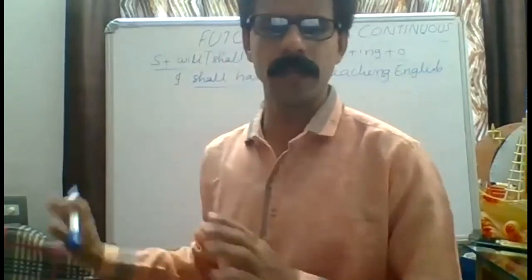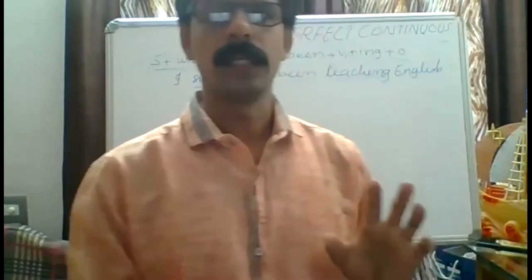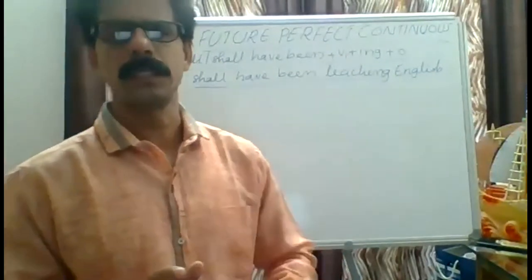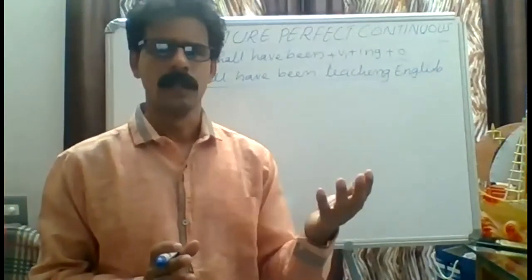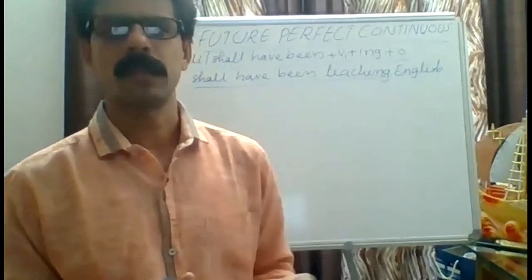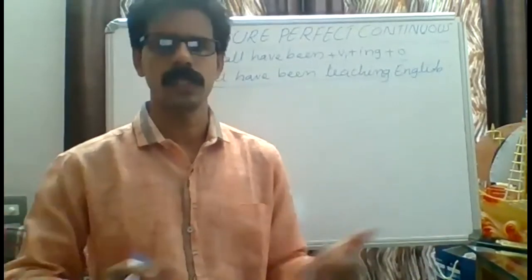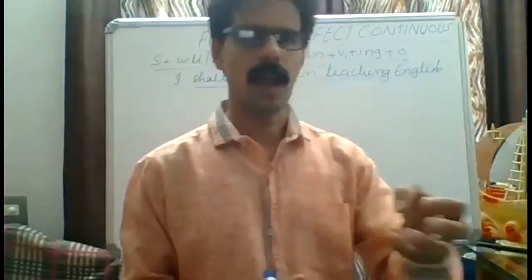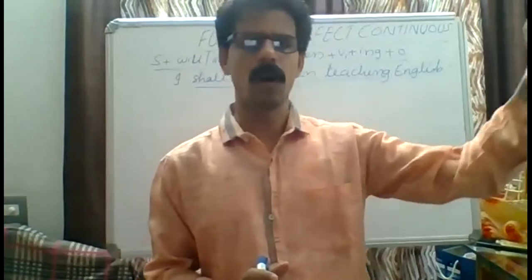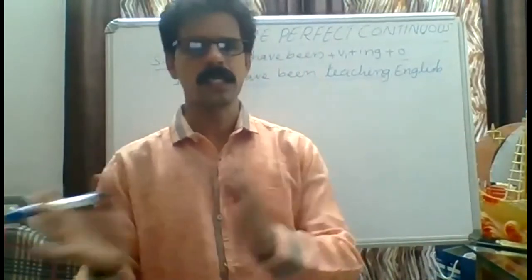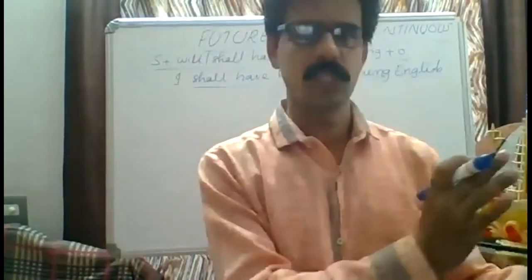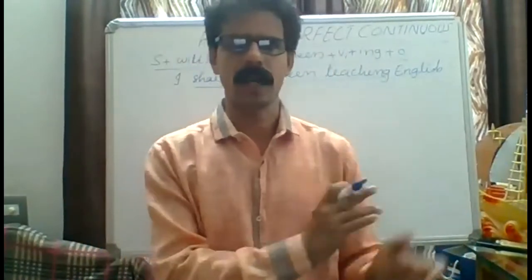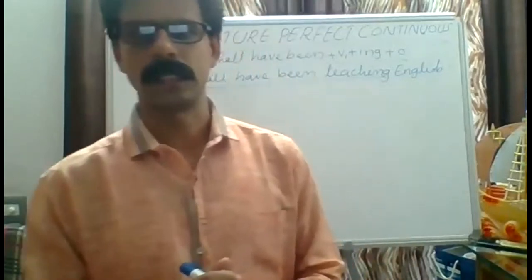What is the usage? When we have to use this one, I already told you, it is not in use. It is almost outdated because its function can be done by some other tense forms; future continuous is enough. An action will start in the future, happen at a certain time in the future, and continue for a long period. Such actions are expressed in future perfect continuous.